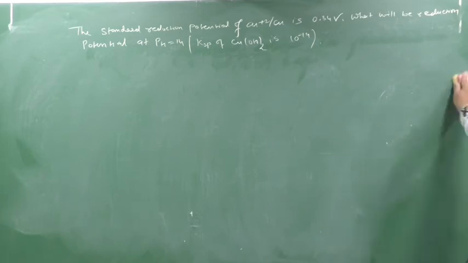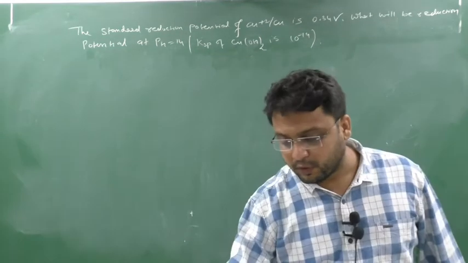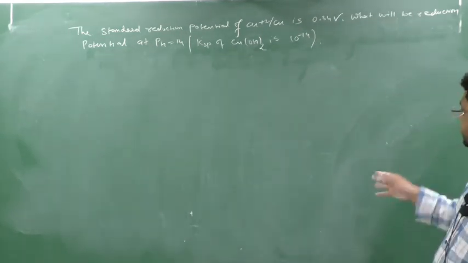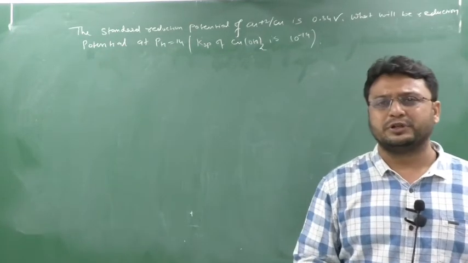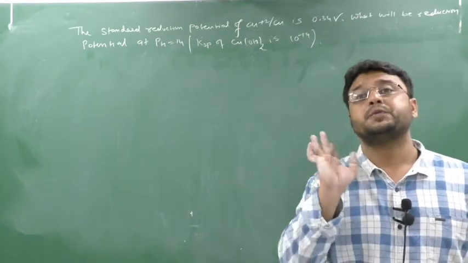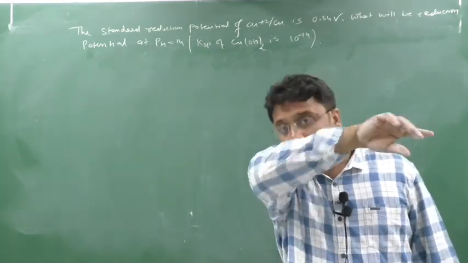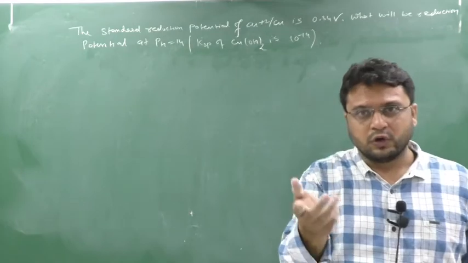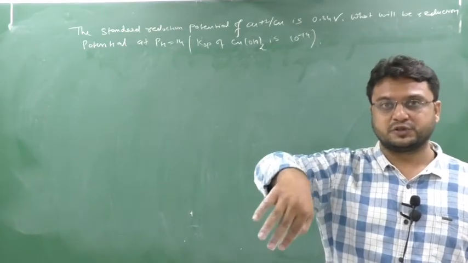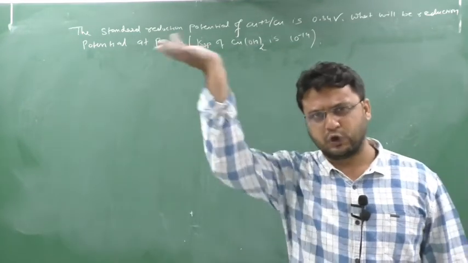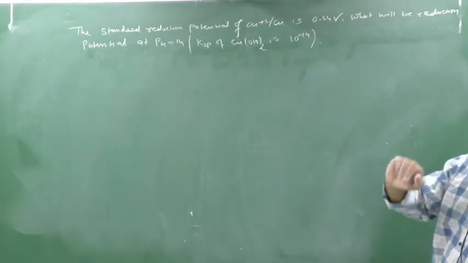This can be asked in the MCQ, but when you are solving the Kw problem, you should get 10 to the power minus 14, because it is a constant value. You know the concentration of H plus is 10 to the power minus 7 molar and OH minus also 10 to the power minus 7; this 10 to the power minus 14 you derived in the equilibrium chapter, no, you have done this derivation.